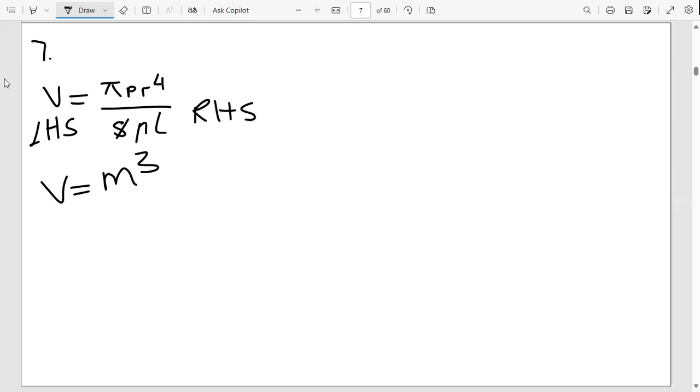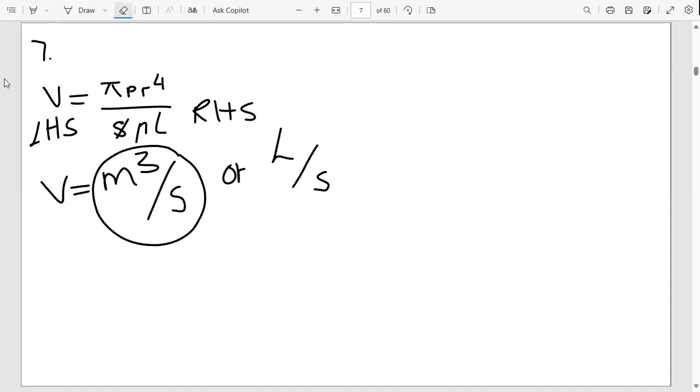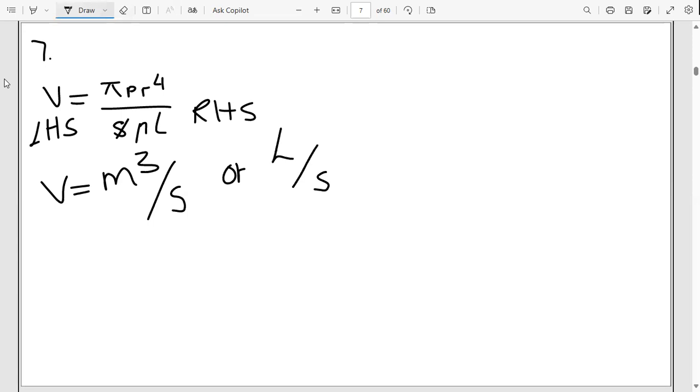So this is going to have units of cubic meters per second, since second is the SI unit for time, or liters per second. I would prefer to use cubic meters per second so that we're not confused. So we've concluded that on the left-hand side, we have dimensions of cubic meters per second.